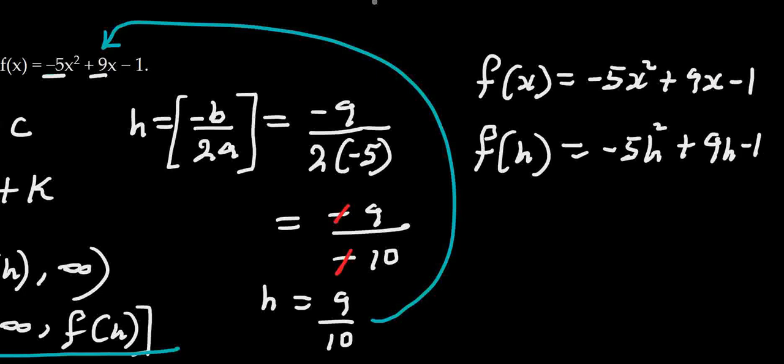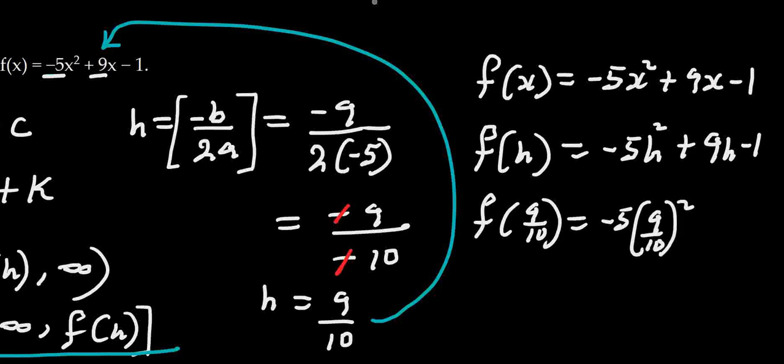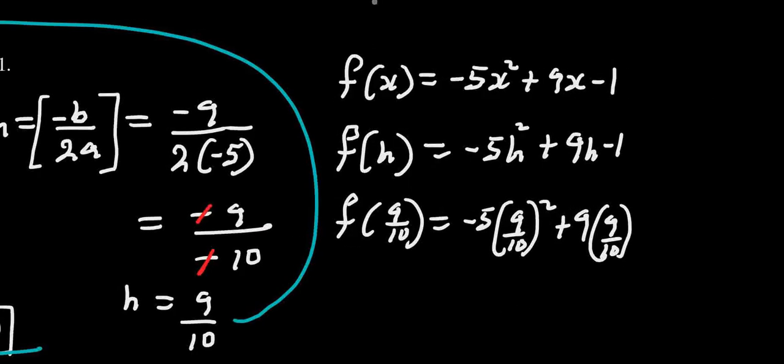Since the value of h is 9 over 10, then f of 9 over 10 is equal to negative 5 times 9 over 10 squared plus 9 over 10 negative 1, and this will give us negative 5.